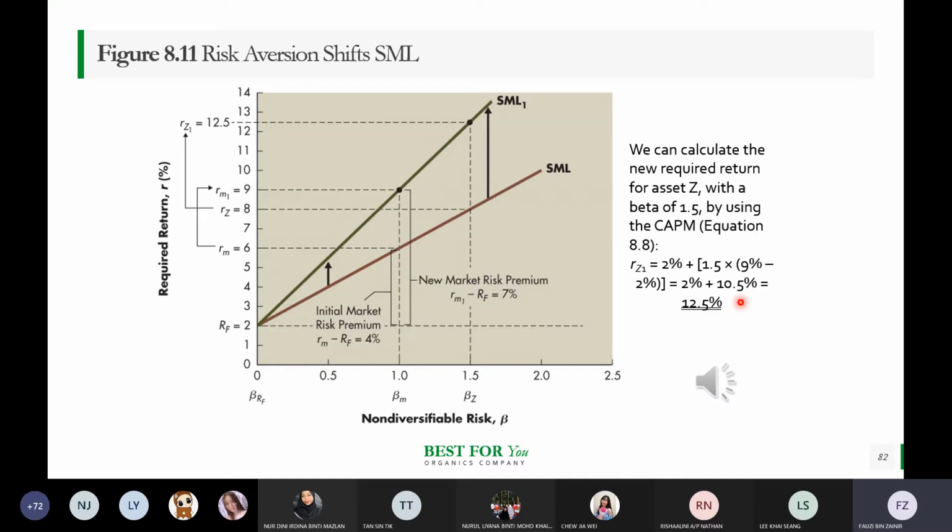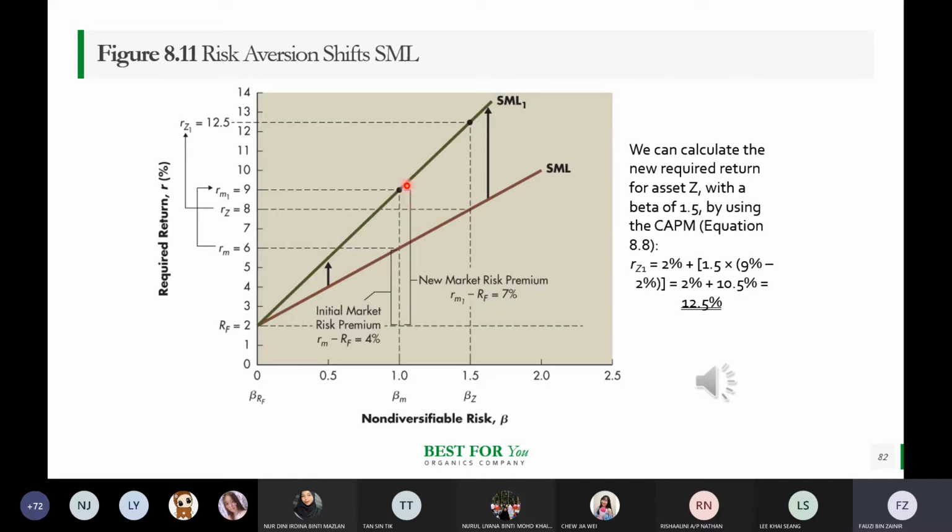This value appears on the new security market line SML1 in figure 8.11. Note that although asset ZAG's risk as measured by beta did not change, its required return has increased because of increased risk aversion reflected in the market premium.